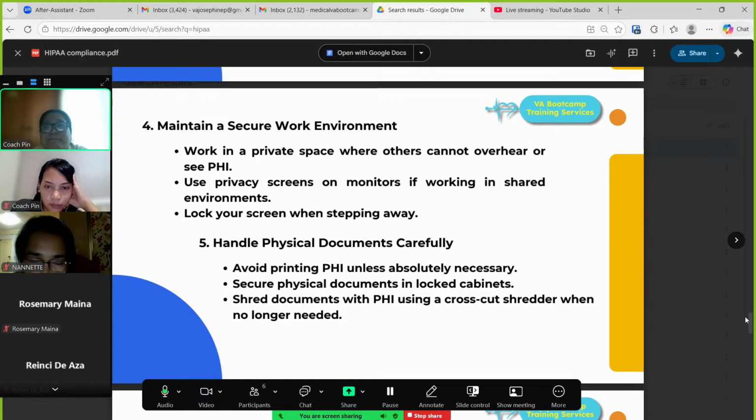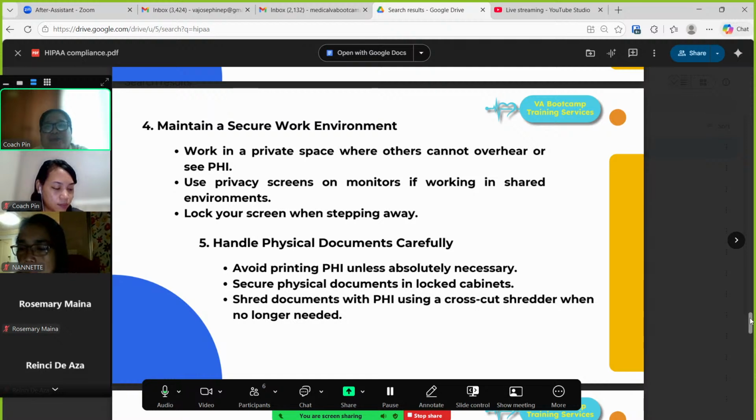It's because your monitor or your computer or your laptop should not be facing a door or a window wherein somebody can take a picture of the patient records or somebody can pass by and see what you are doing on the screen. So, if you will be working remotely, it's very advisable that you have a separate room wherein you can do your tasks privately because you will be dealing with patient records, right?